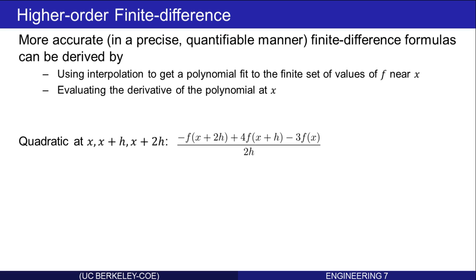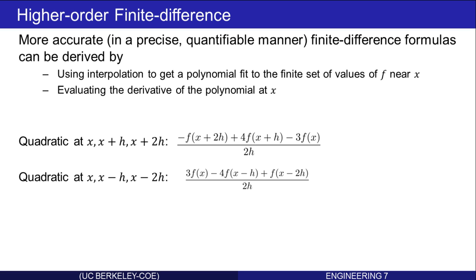That would involve, of course, the value of f at those locations. If you carry this out with a quadratic interpolation and then evaluate the derivative at x, the formula that you get is expressed right here. It looks like a finite difference formula, but it's more complicated. It doesn't just involve f at x plus h and at x. It involves all 3 points, and they're combined in an interesting way, a -1, 4, 3 pattern.